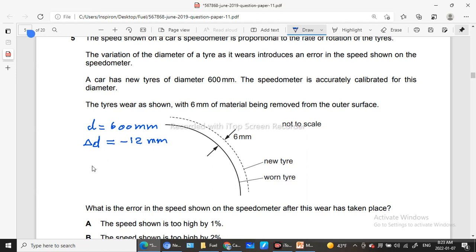So the percentage ratio is delta D over D times 100%, 12 over 600 times 100, so that is 2%.